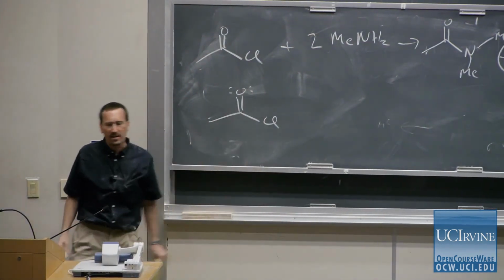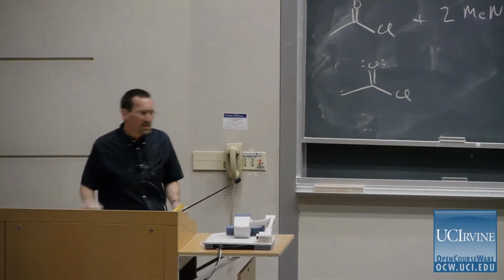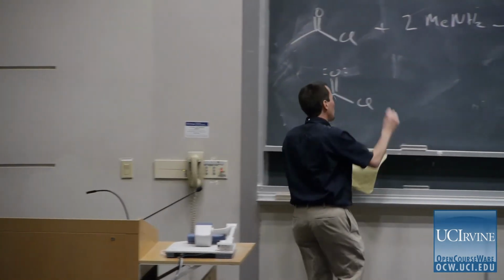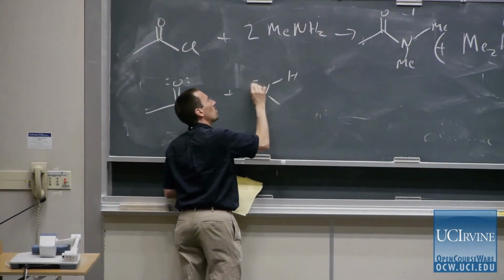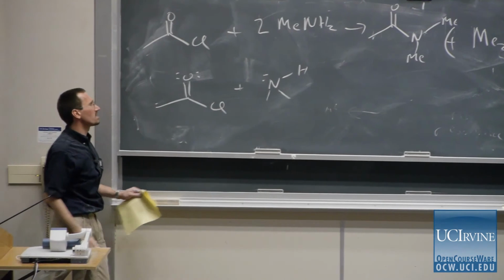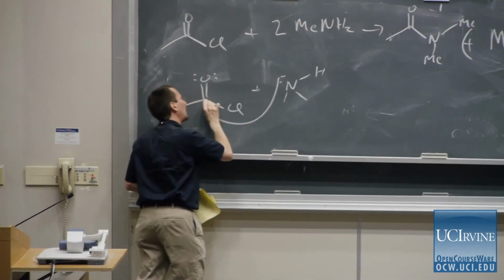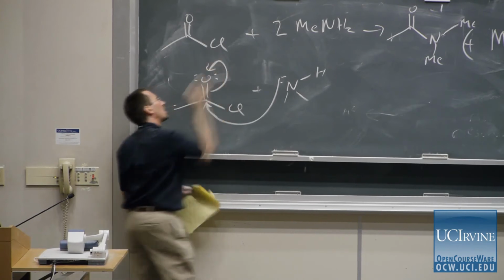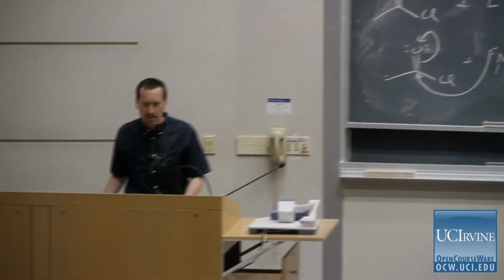We know that that carbonyl is electrophilic. And we know that dimethylamine is nucleophilic. It has a lone pair of electrons. It's willing to share those electrons. We can attack, very much like the theme we saw in imine formation chemistry.